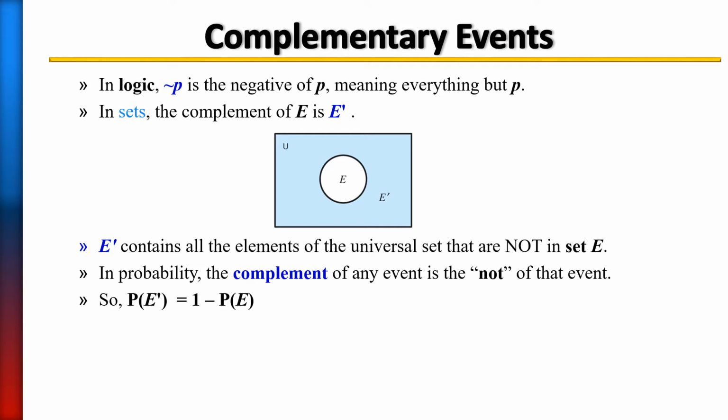In other words, all you have to do is take the probability of an event happening. 1 minus the event happening will give you the probability of the event not happening. It will give you that negative.